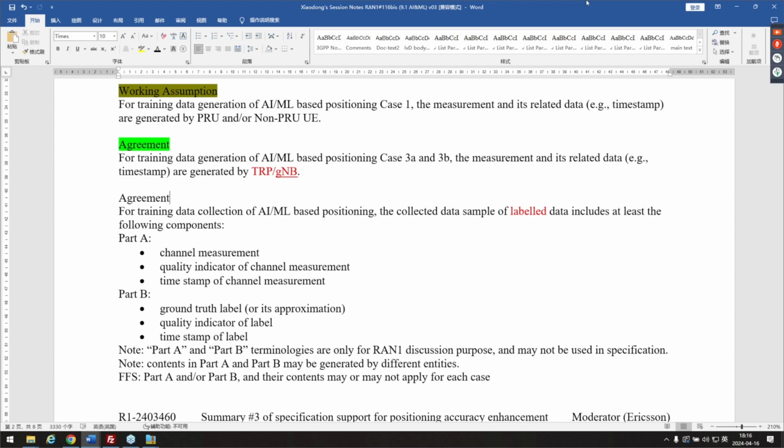Yeah, I agree with Huaming on this. If we delete the labels, and also delete the "at least", then we have part A and part B, and then we have the FFS at the bottom, which we could make a note, and then it would work fine.